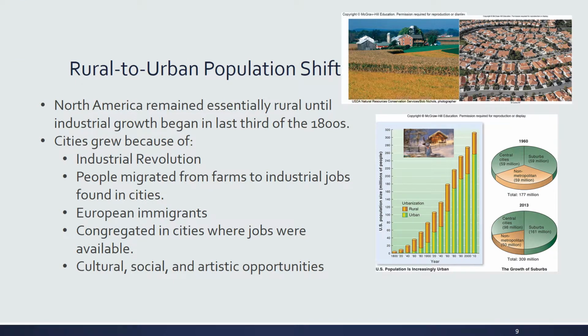Now, what we also tend to see is as cities grow, there's a necessity for urban areas to take over lightly populated areas. And we see what's called this rural to urban population shift. So as urban areas become more important and more jobs fill in there, rural people tend to move out.